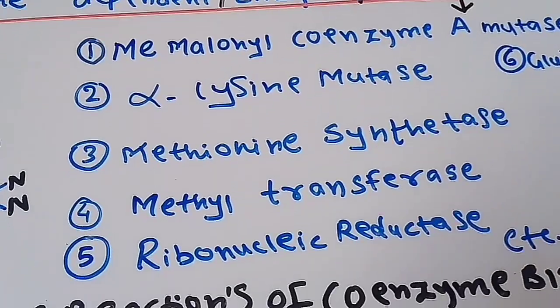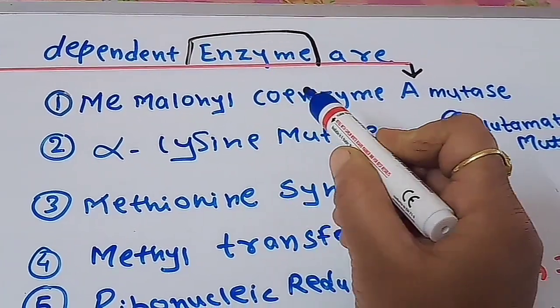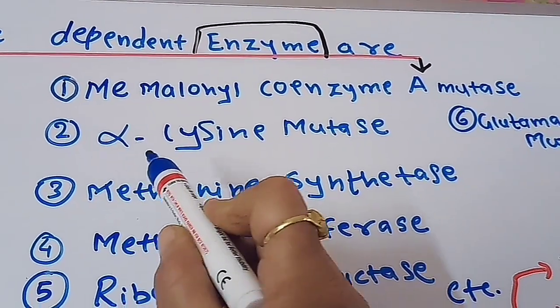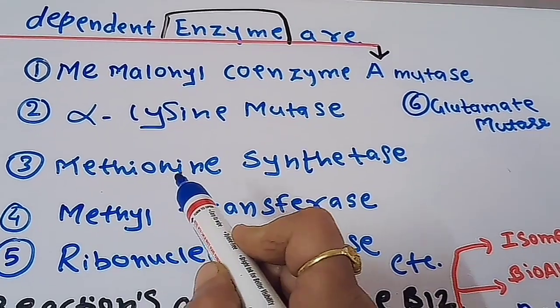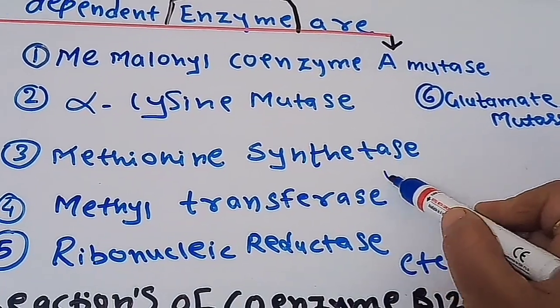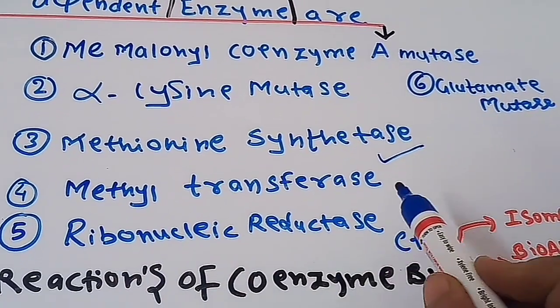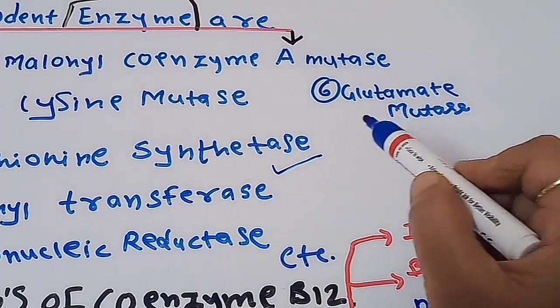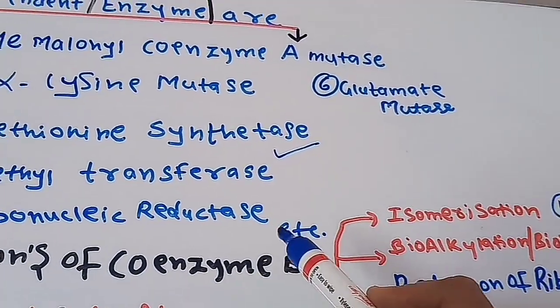So the important enzymes are methylmalonyl coenzyme A mutase. Second is alpha lysine mutase. Third important enzyme is methionine synthetase. This is a very important enzyme, and we will see it in detail. Then methyl transferase, ribonucleotide reductase, and one more important enzyme, glutamate mutase, and there can be many more.